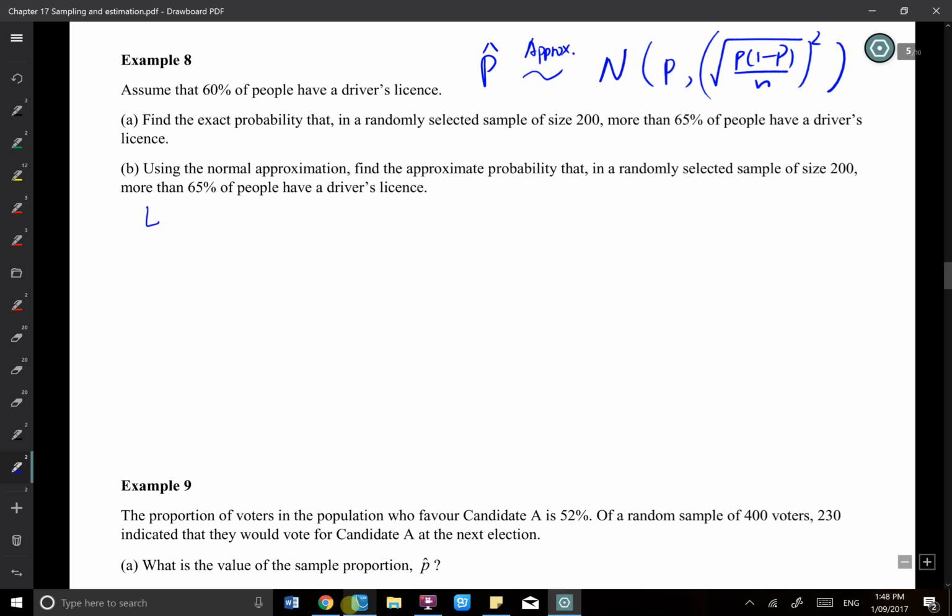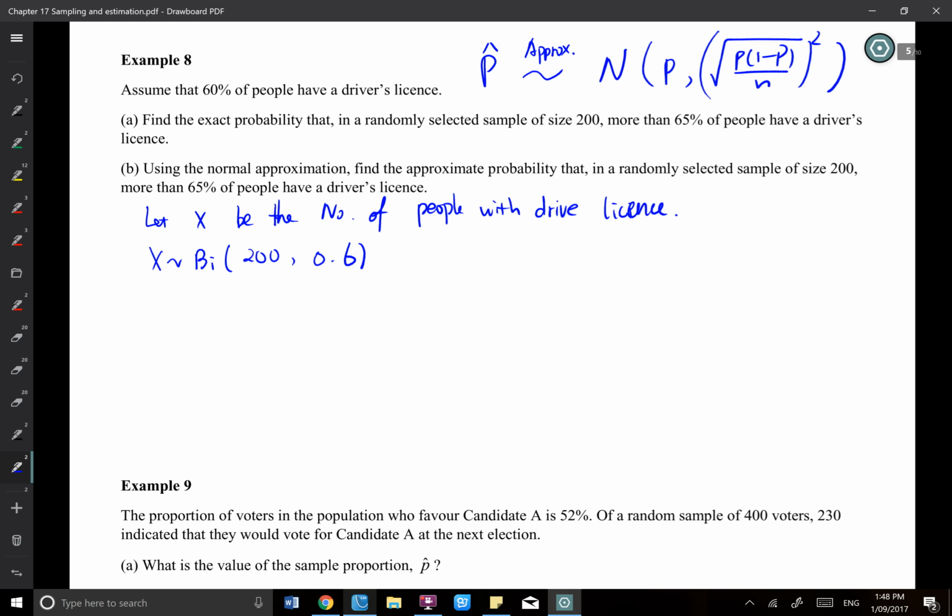I'll say let x be the number of people with a driver license. So x is binomially distributed with n equals 200 because you select 200, and the true rate will be 0.6, not 0.65. The true population proportion is 0.6. And you know p hat is x over 200.